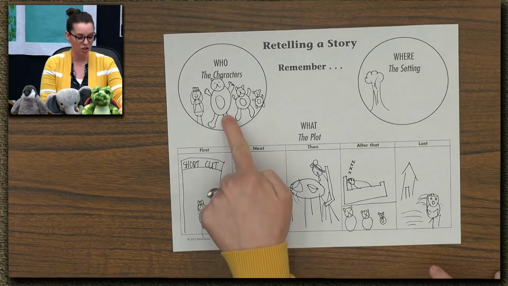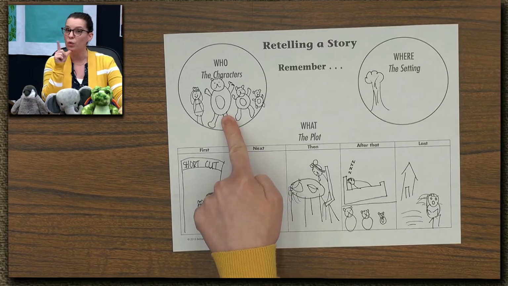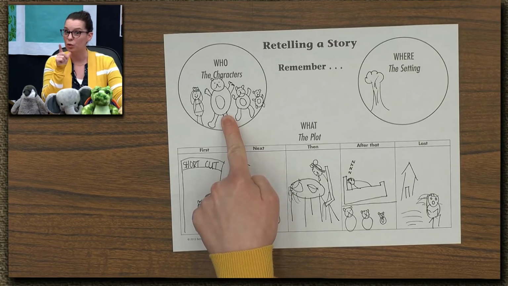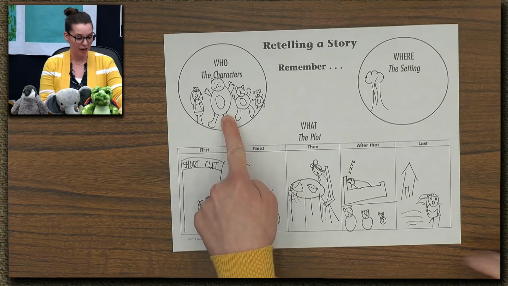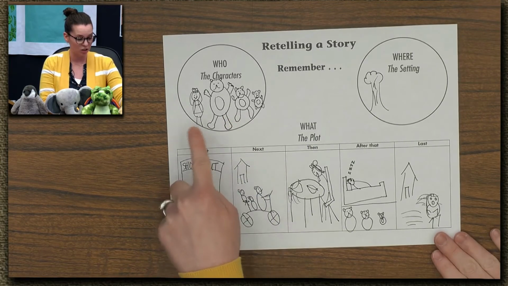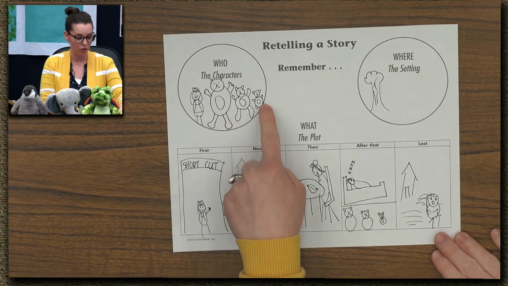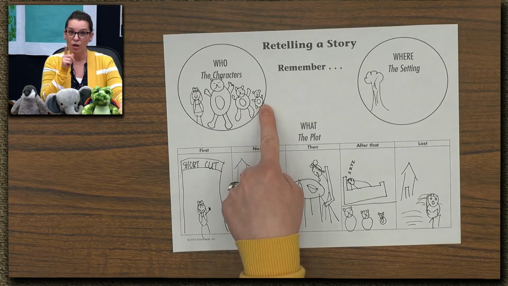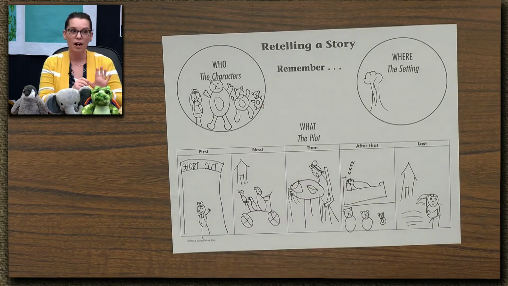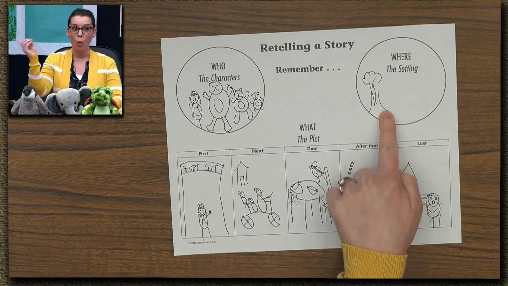The characters are the who. This is the sign for who. Do this with me. Who is in our story? And in Goldilocks and the Three Bears, the characters are Goldilocks and the 1, 2, 3 bears. That's the who. Character, setting. The setting is the where.